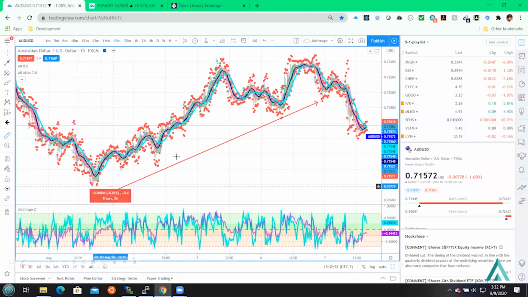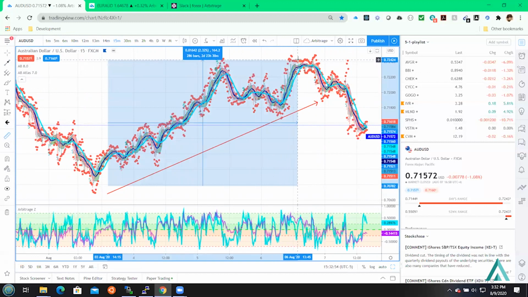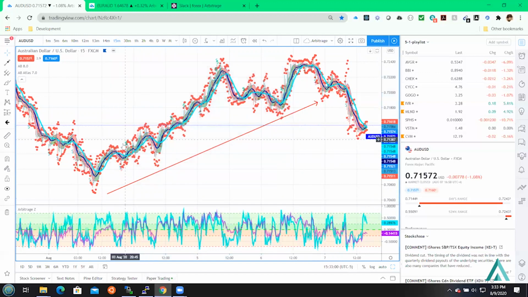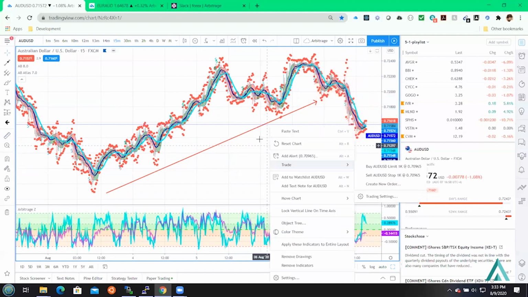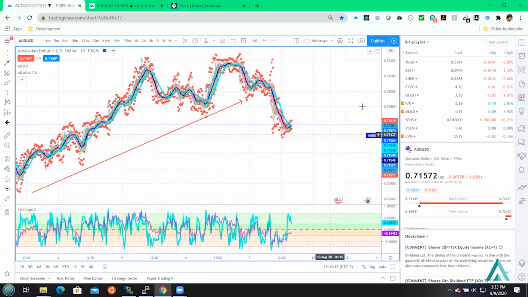If you were able to catch that ride up, that's at least 164 pips, using the 15-minute chart from the 3rd all the way until the 7th or so of the month. And from the 7th on, he's been falling, and he's given back roughly 95 of those so far. So let's hope he continues his downward trek.